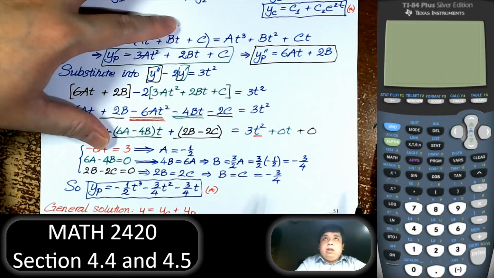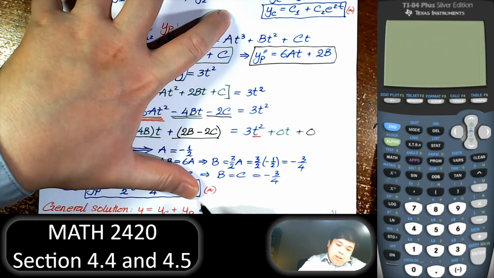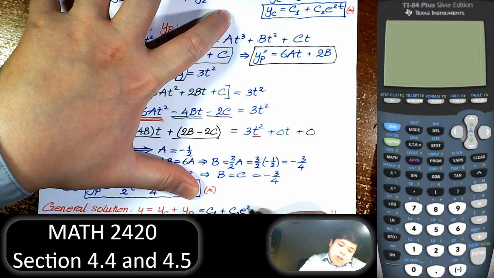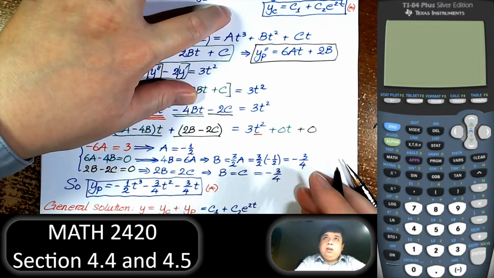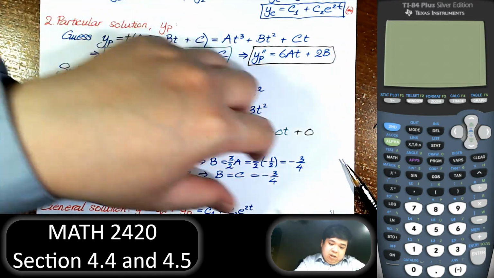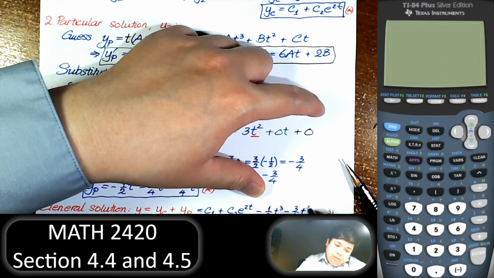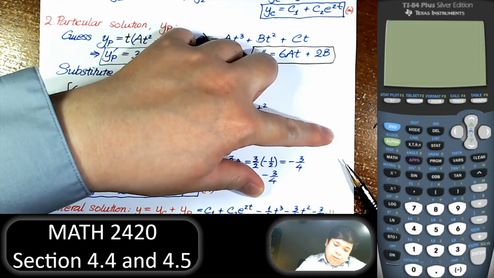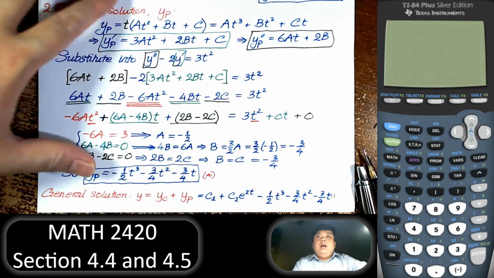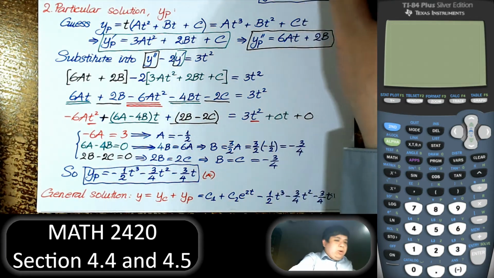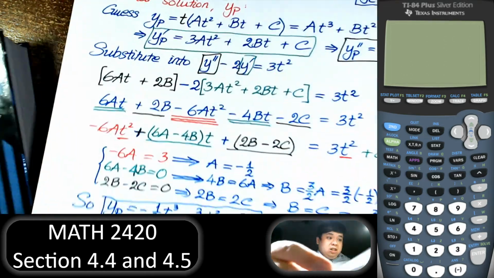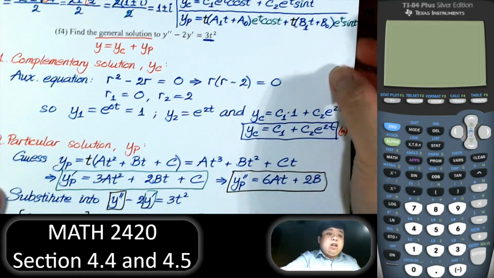So that will be C1 plus C2 e to the 2t plus that. This section is not difficult, but it is very tedious. So because that is going to be very long.